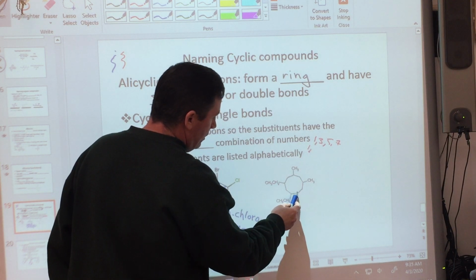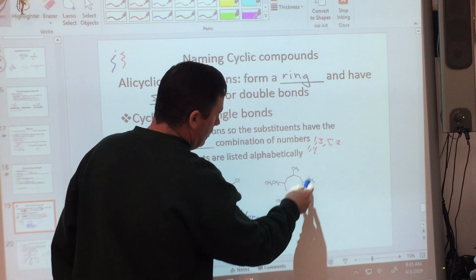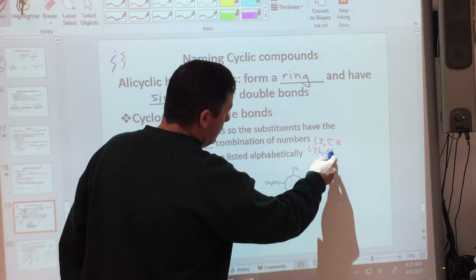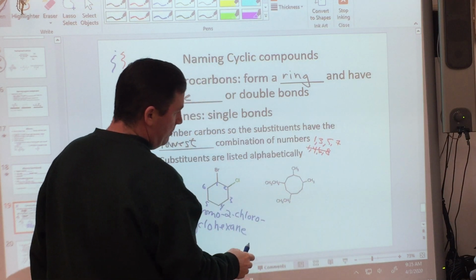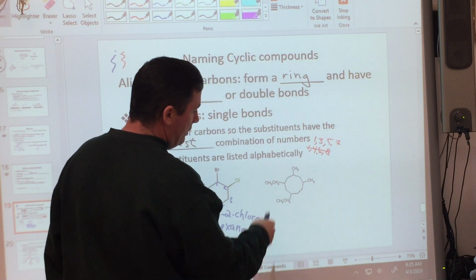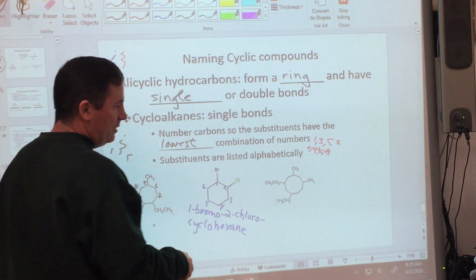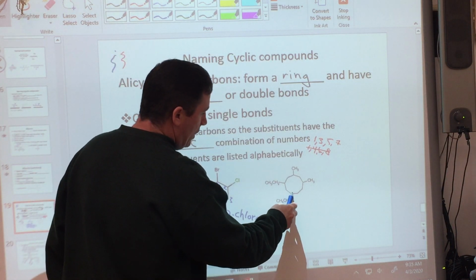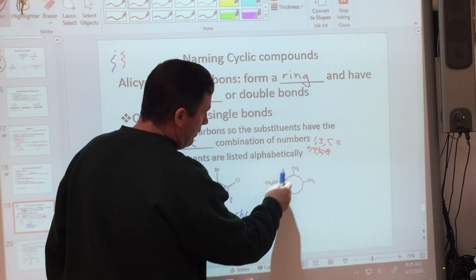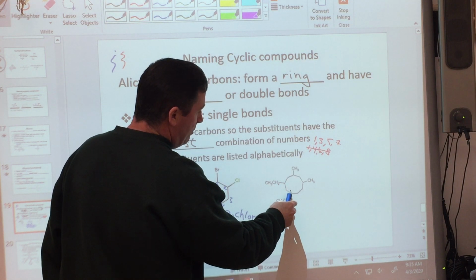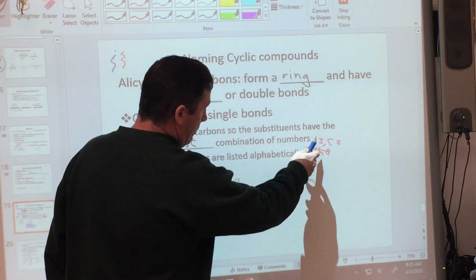I could have 1, 4, 6. You can see that this one's already not going to work. So this one's out. So that's the challenge on these. You have to start somewhere and then get the lowest combination. Okay? So this combination, 1, 3, 5, 7, is going to be the best one because of the numbering system.